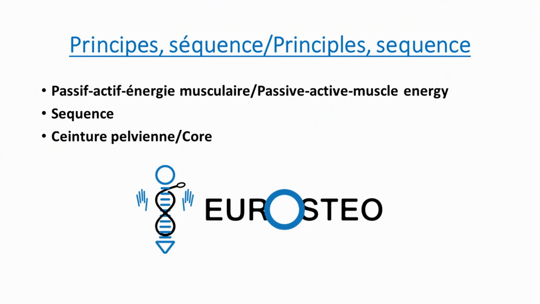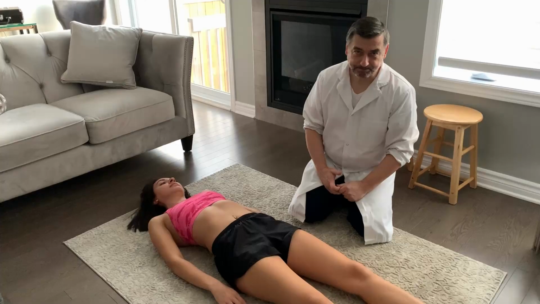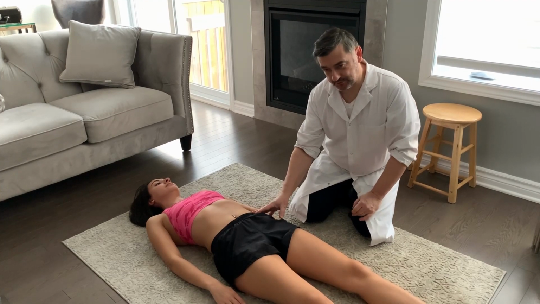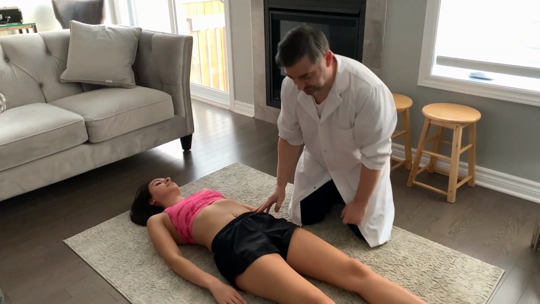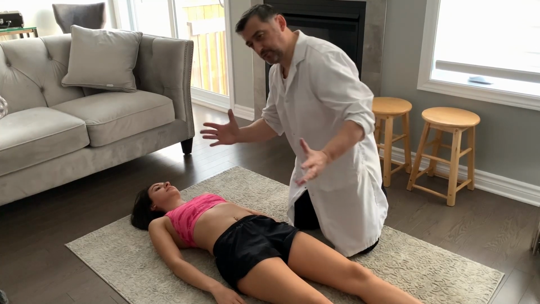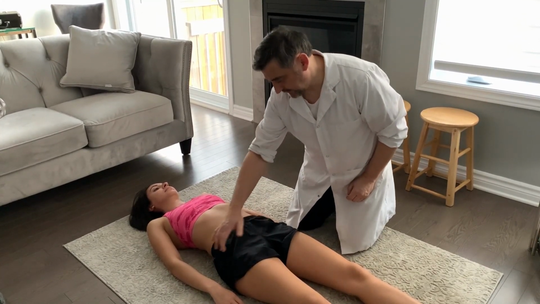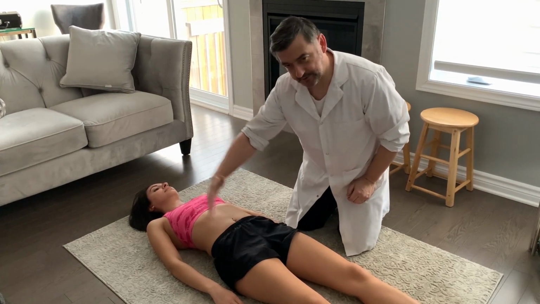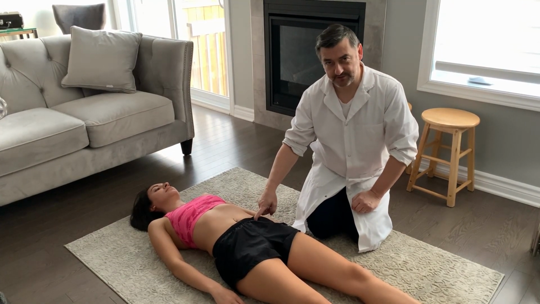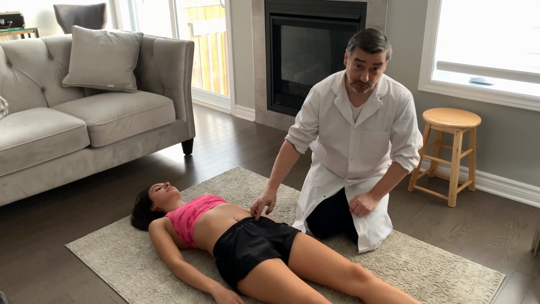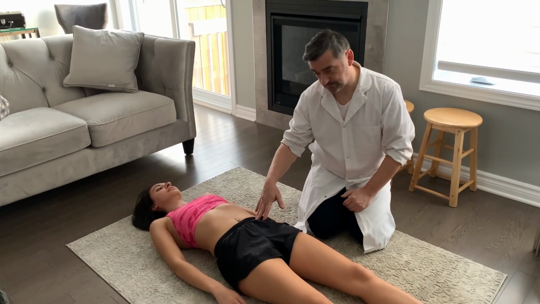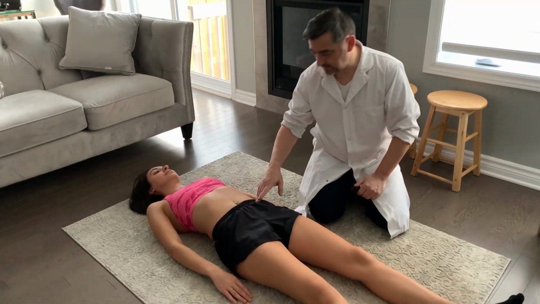So principles can be passive, active, muscle energy. The major muscles we will speak about around the hips and lower back are these three: the adductors, the groin muscles that bring the legs in; the lateral muscles, abductors, gluteus medius, piriformis; and the psoas, hip flexor, which brings the hip to the chest, but is also the major stability around the lower back and the hips.